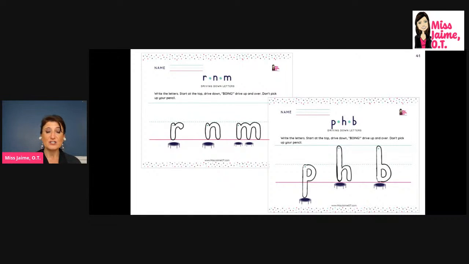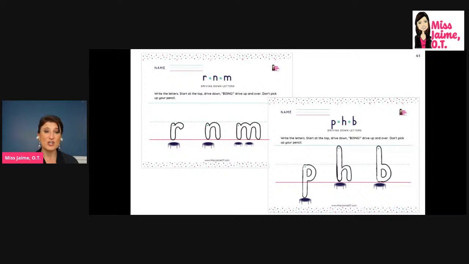So they're allowed to touch the trampoline and then they boing, back up and over. We want to discourage the kids from picking up their pencil. Now this is a complete contrast to before, when we were encouraging them to pick up their pencil for capital letters. Again, they're much younger when they're supposed to be learning capital letters, so they don't have the dexterity to control their pencil for those small movements and small curves.